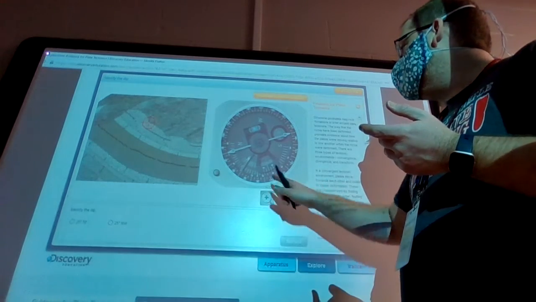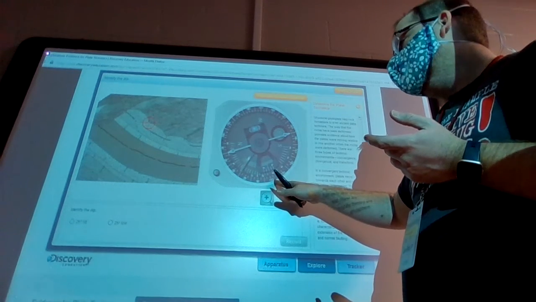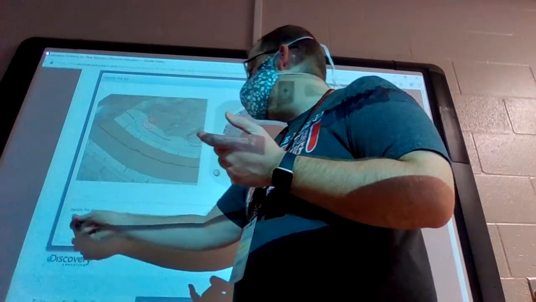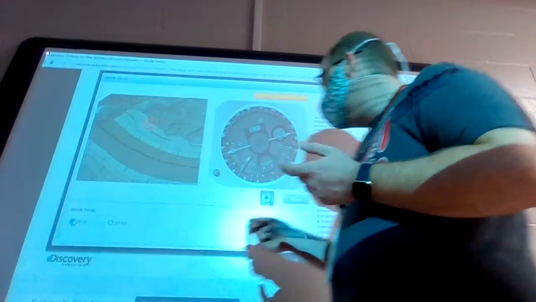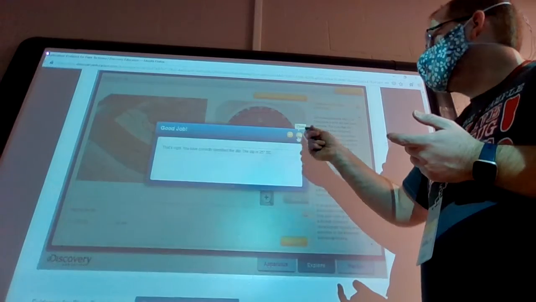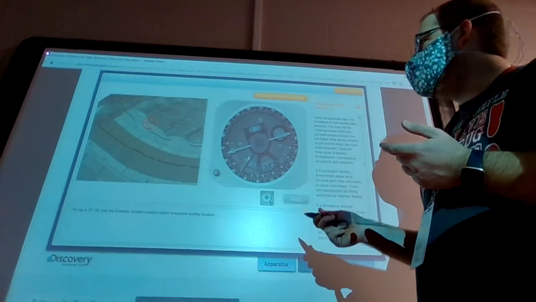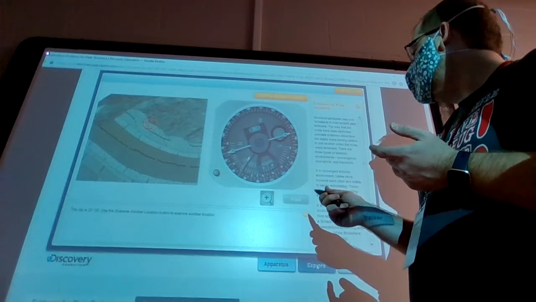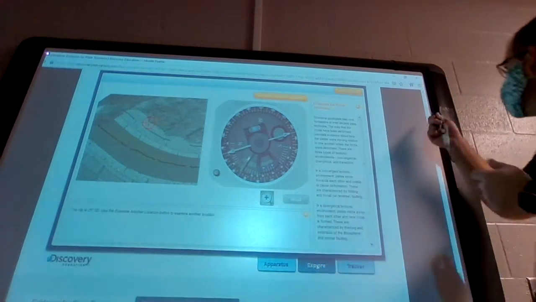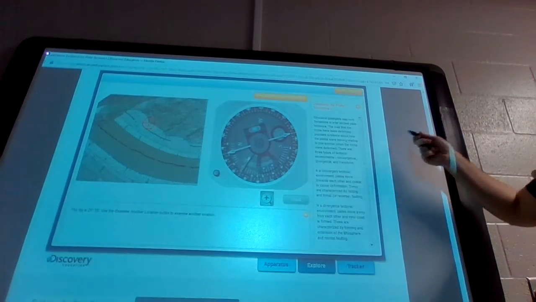Identify the dip. 25 southeast. Nice. I don't know that it's really painting a picture here for us, so let's just skip that one. Skip number 9.